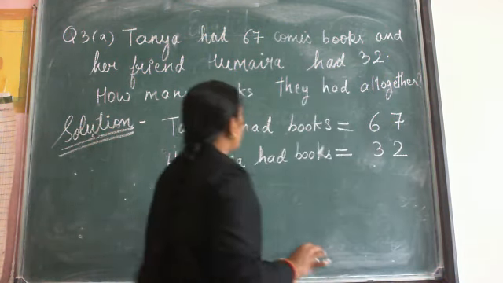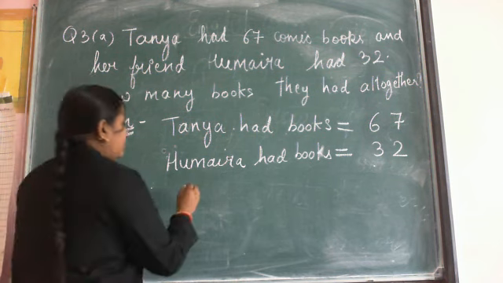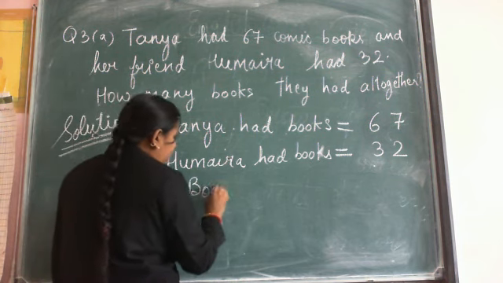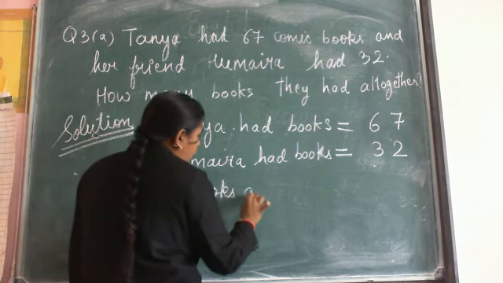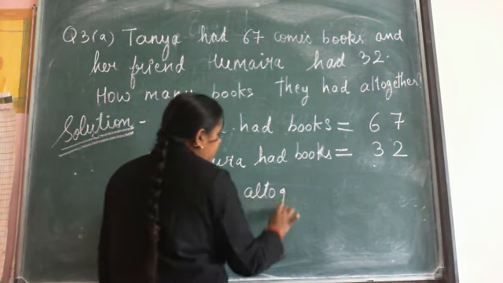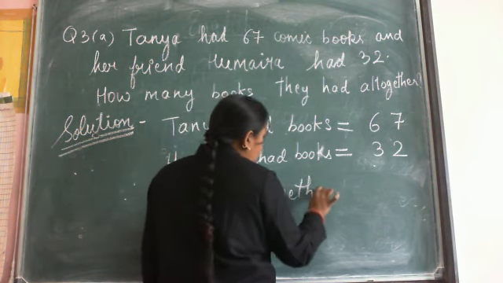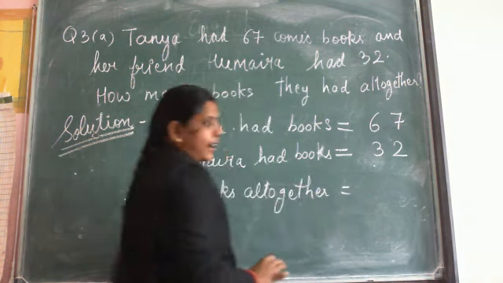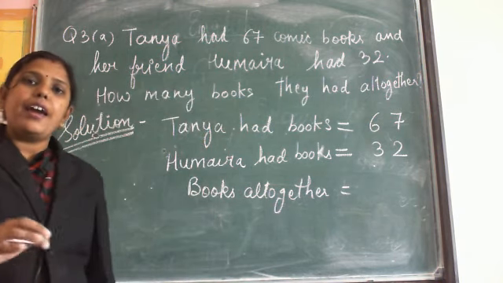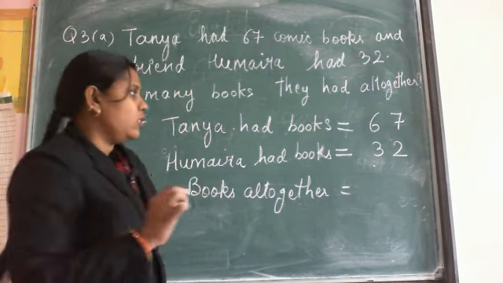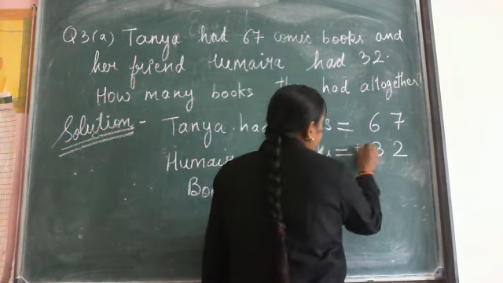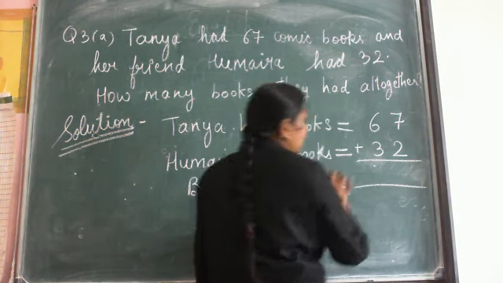Now what do you have to find? Books all together. Write books all together. That means we have to add all the books that Tanya and Humaira have. Make a plus sign here.